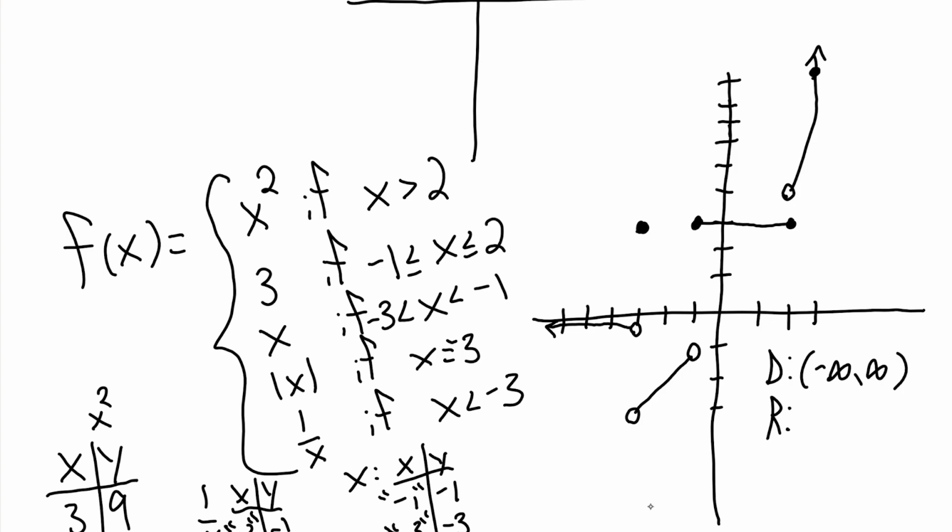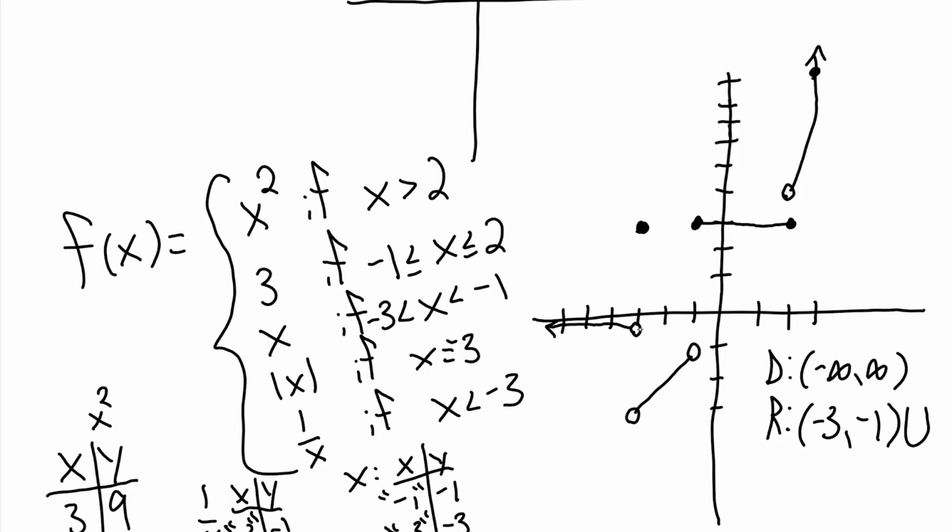So going from negative infinity up to what is this point? This is -3, right? From our y equals x part here. There's nothing there. So our range is going to start at -3, but not include -3. And it's going to go up to -1, not including it, union.